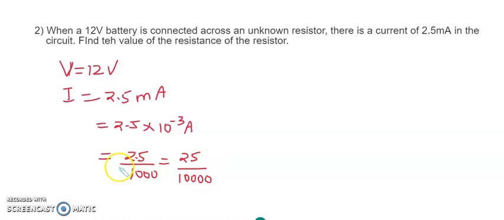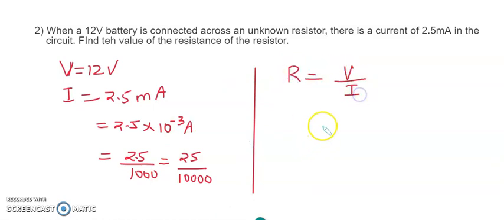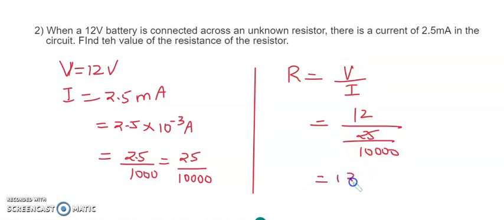Why? Because I've removed the decimal, so it becomes easier to divide. That's the simple rule. So I need to find resistance, which is V by I, which will be 12 divided by 25 divided by 10,000, which changes to 12 times 10,000, that is 1 lakh 20,000, divided by 25, which is 4,800 ohms.